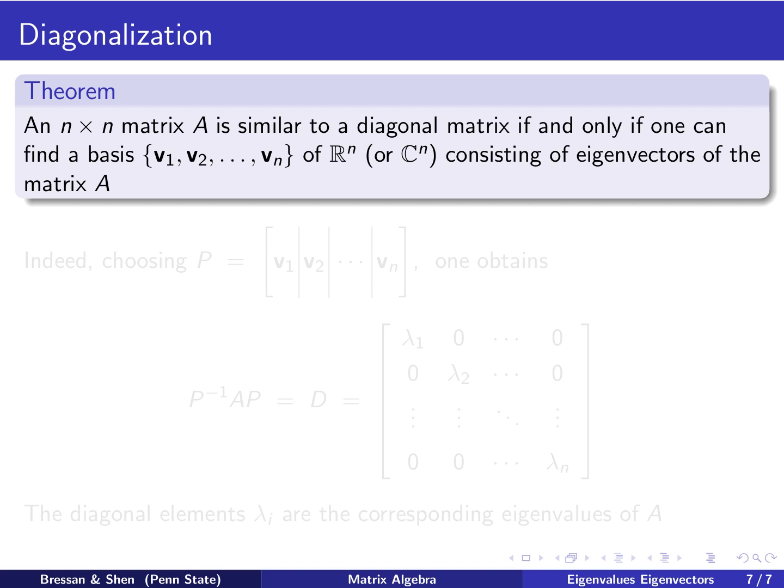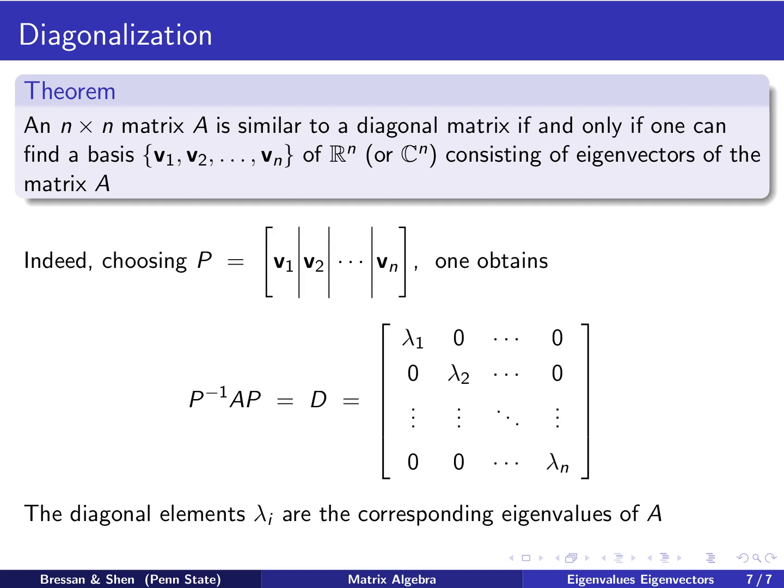It says that a matrix A is similar to a diagonal matrix if and only if one can find a basis, V1, V2, up to Vn, consisting of eigenvectors of matrix A. Meaning that the matrix A will have a set of eigenvectors that are linearly independent. Then you can diagonalize this matrix.